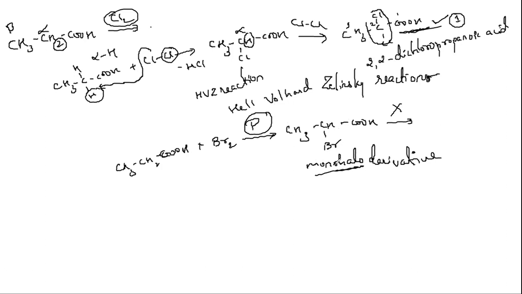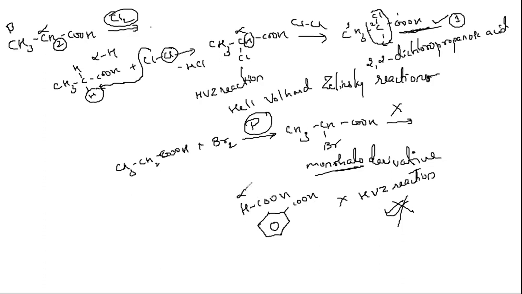Benzoic acid and formic acid do not show the HVZ reaction. Can you tell me why? Formic acid, HCOOH, and benzoic acid, a benzene ring with COOH, do not show the HVZ reaction. The reason is, here you can see this is the carbonyl carbon.